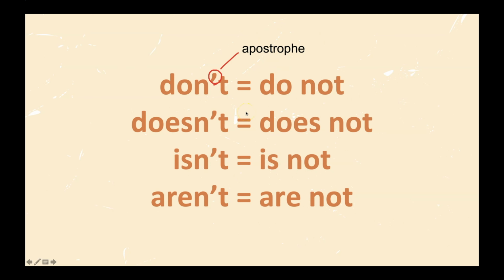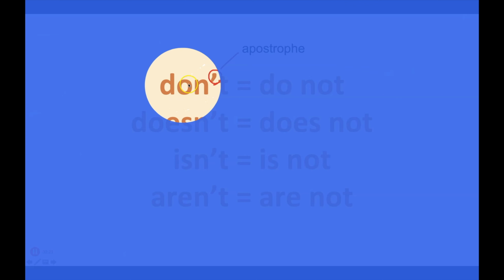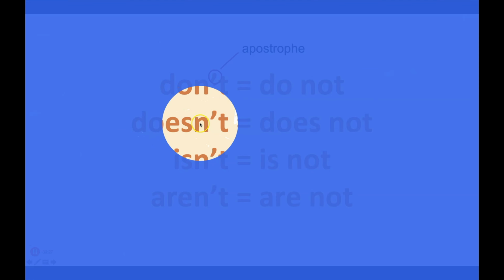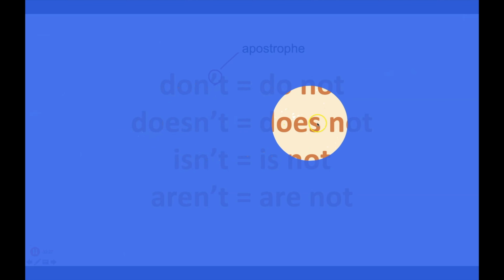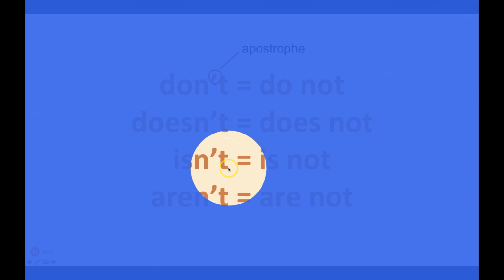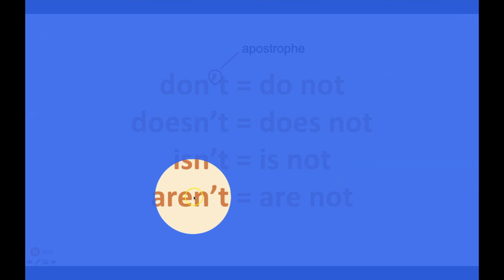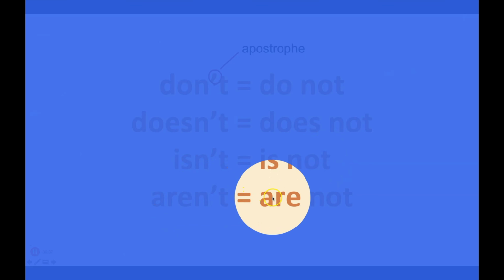Okay? Don't means do not. Doesn't means does not. Isn't means is not. Aren't means are not.